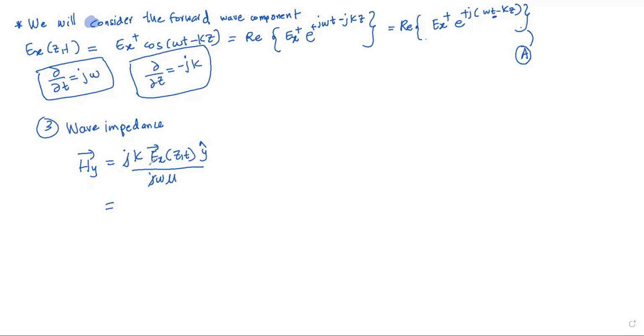If we take the ratio between Ex and Hy, that means the components of the electric and magnetic fields, we can obtain an expression where we can show that it is the impedance.